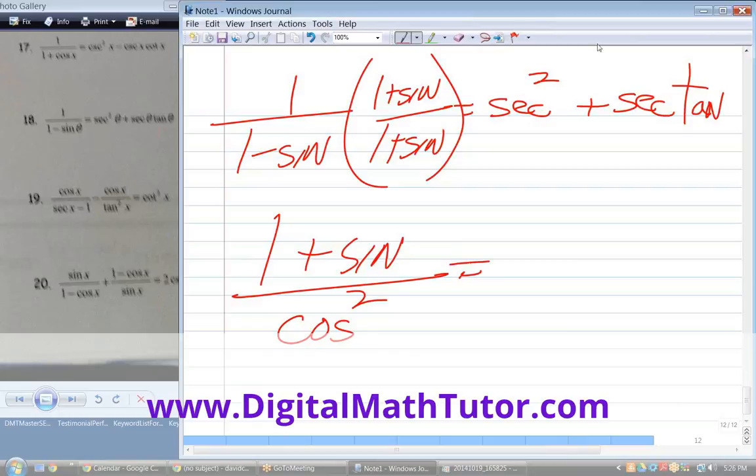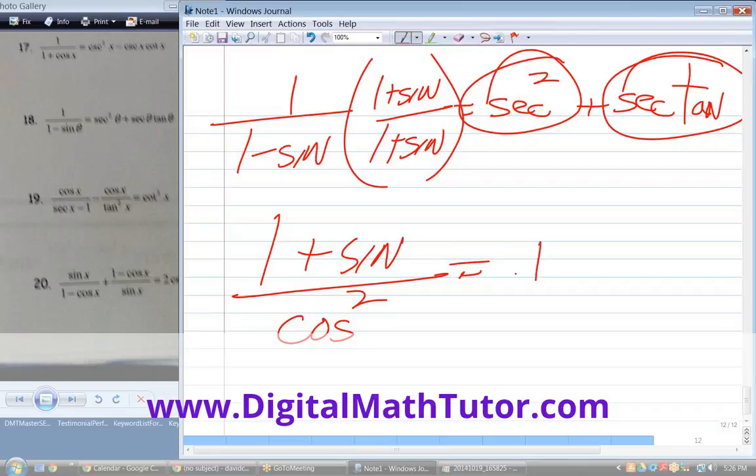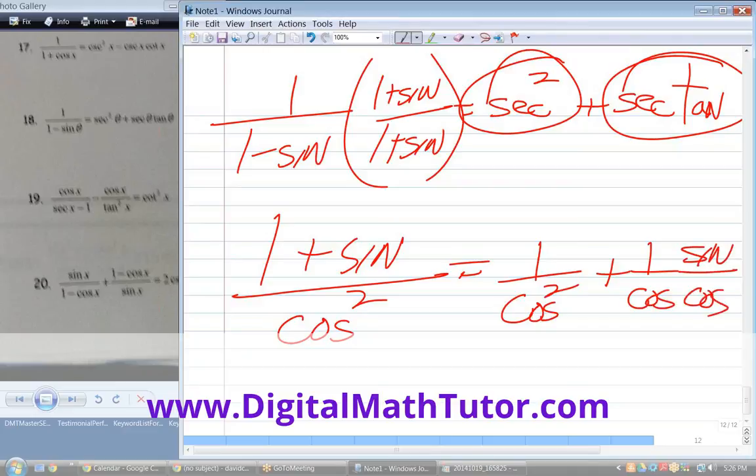And again, I can see that that's 1 over cosine squared, plus sine over cosine squared. So that becomes 1 over cosine squared plus 1 over cosine times sine over cosine. That's the same as that.